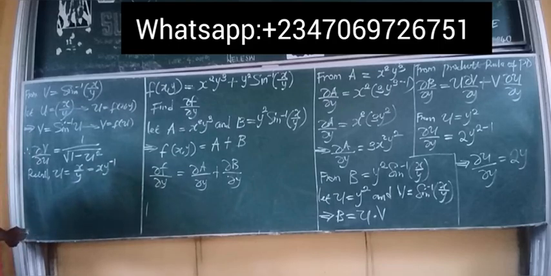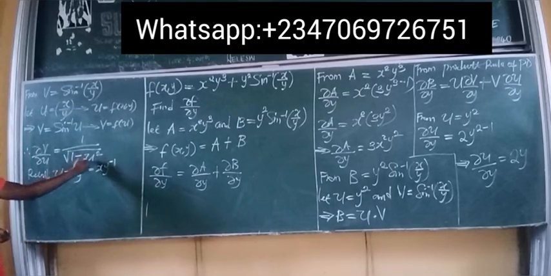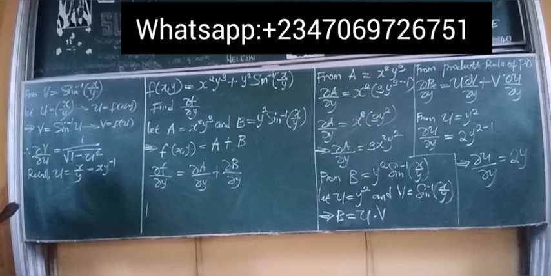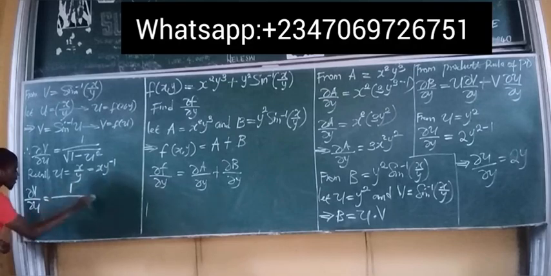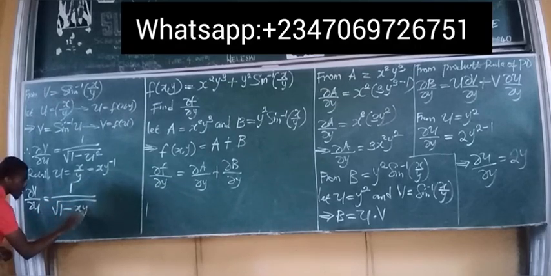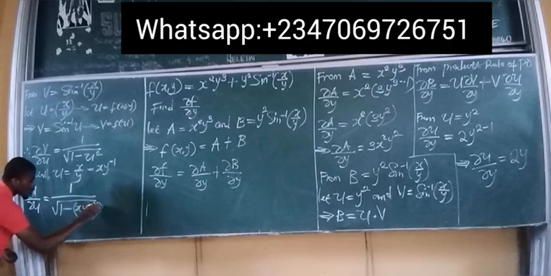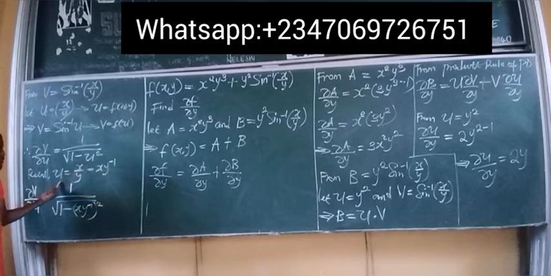So in place of u, the partial derivative of v with respect to u is 1 over the square root of 1 minus (x y to the power of minus 1) all squared.